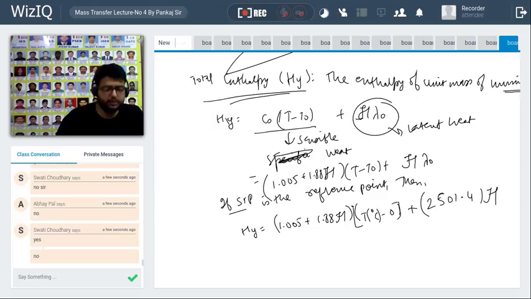So units are again kilojoule per kilogram dry air.